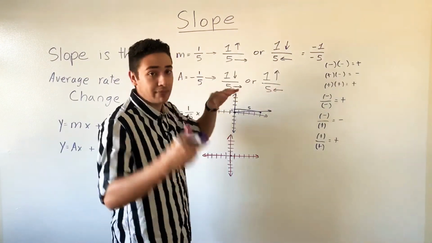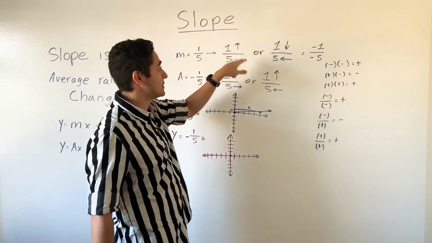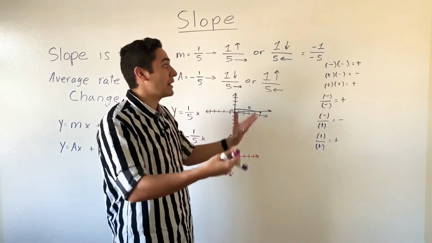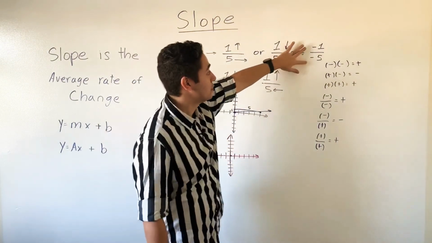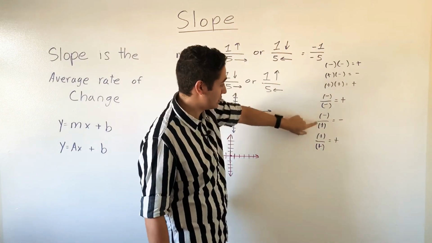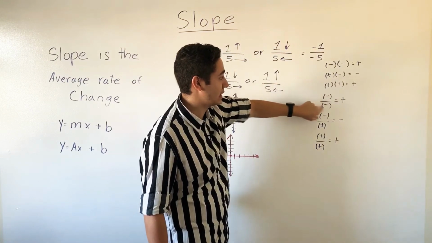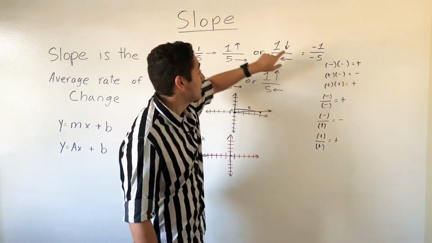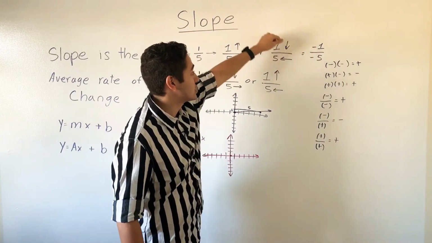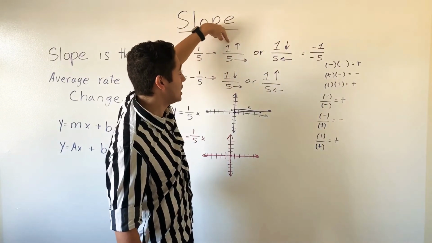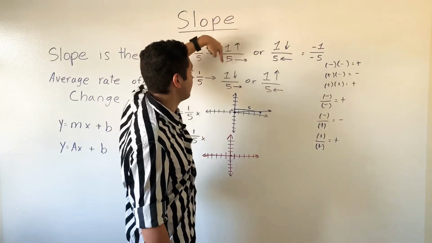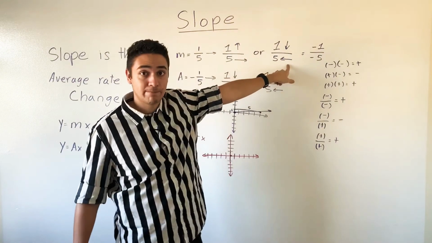It's not just that I'm making it up like, oh, just flip the sign on both of them and it'll work. No, there's a mathematical justification for it, which is that we can put negatives on both of them, which as we see over here, negative divided by negative will still be a positive. And that will then change the direction of now instead of the 1 going up, the 1 will go down, and the 5 going to the right, the 5 will go to the left, okay?